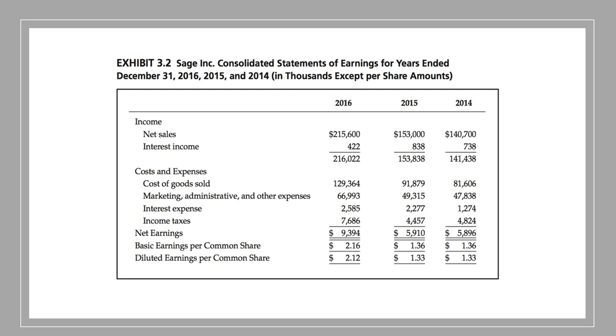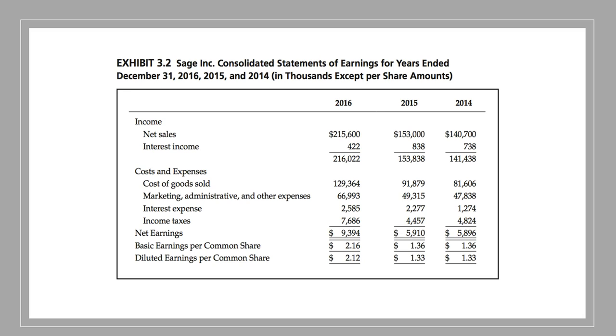If you look at 2016, you'll see that basic earnings per common share is $2.16 per share. So it's the total number of shares actually outstanding divided into the net earnings. Under diluted earnings per share, there are some other transactions, like maybe some options that management holds that they can use to purchase shares at some discounted price.